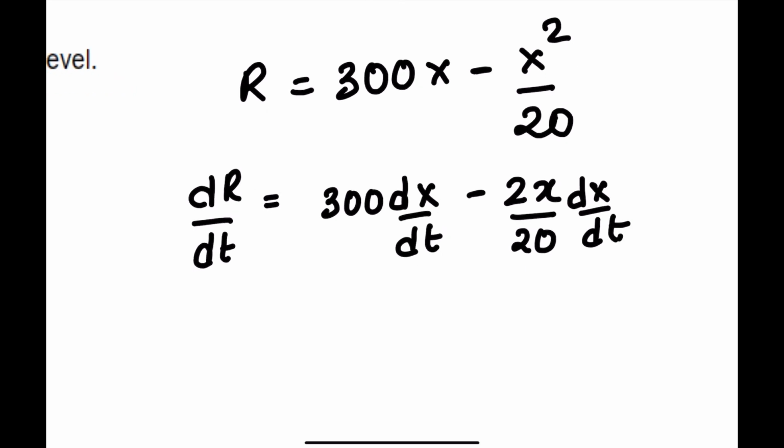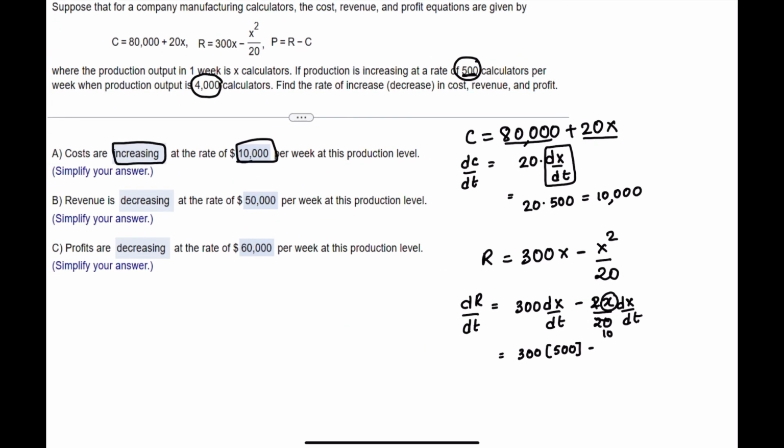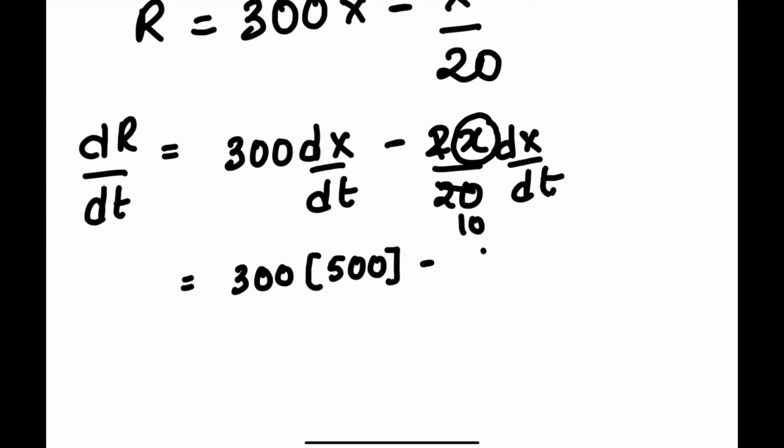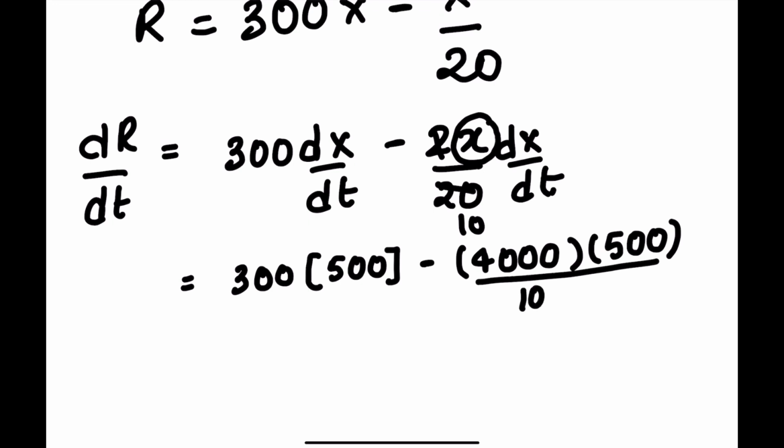Remember, this is the revenue of the calculators produced per week. And I have dx by dt as 500 minus, this is divided by 10. And the x, the number of calculators produced, is 4,000. We have it right here, 4,000. So I'm going to go ahead and write that down. 4,000 times dx by dt, which is 500, the whole thing divided by 10.